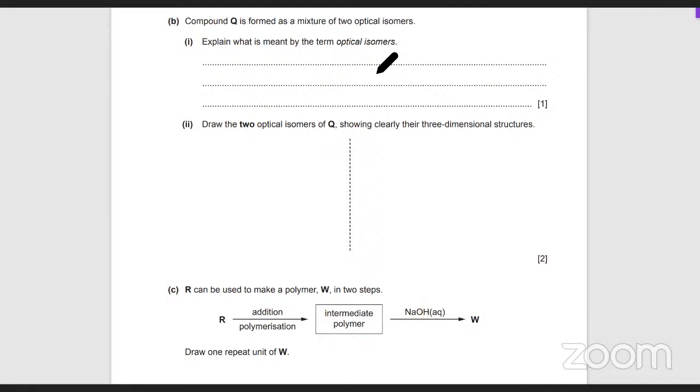So optical isomers are formed when you have a chiral center. ठीक है, that's one requirement. And what does that chiral center do? It's going to have non-superimposable mirror images. ठीक है, so the geometry of the molecule around the carbon will have two versions which are non-superimposable mirrored versions of each other. Is that clear?